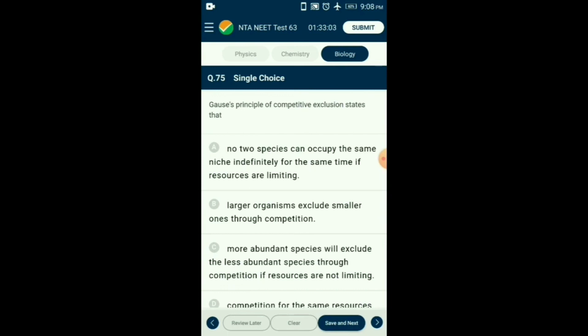This is called Gause's competitive exclusion principle, which states that an ecological niche cannot be simultaneously and completely occupied by established populations of more than one species. So the answer is option A. No two species can occupy the same niche indefinitely if resources are limiting.